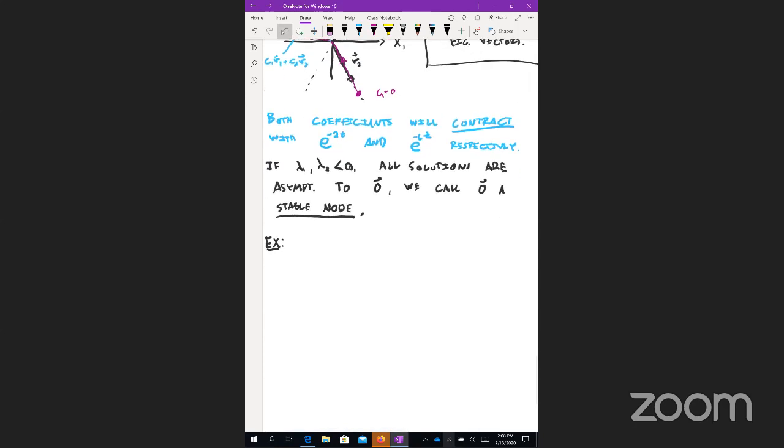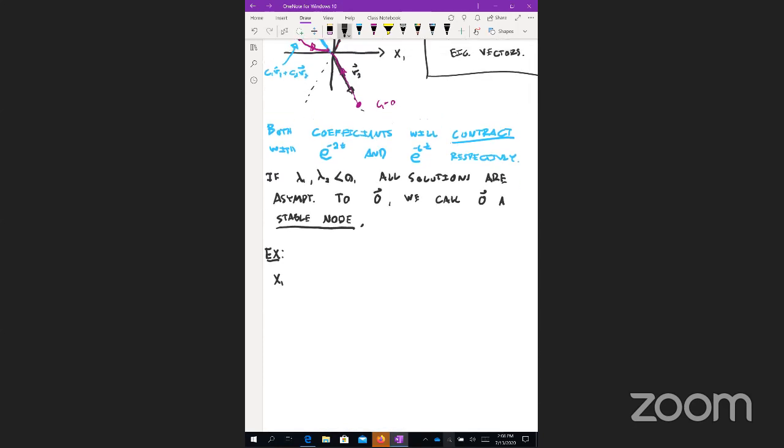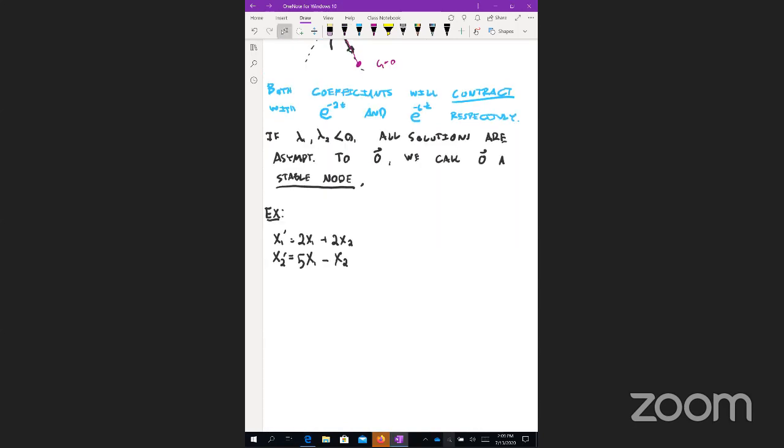Okay, so what if we have, let's go through this again, x1 prime, x2 prime is 2x1 plus 2x2, 5x1 minus x2. So we just need to determine the eigenvalues and the eigenvectors.